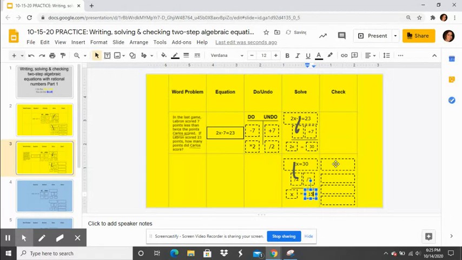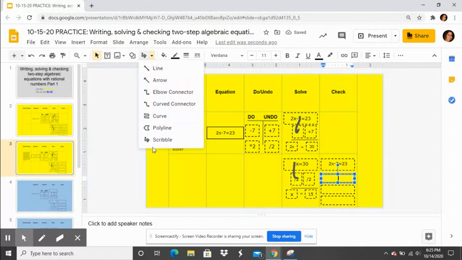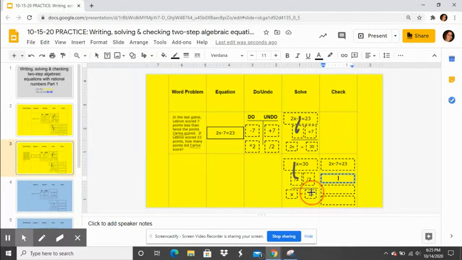All right, so now for my check. Copy the original problem, 2x minus 7 equals 23. Remember, just like before, I'm going to take the value I got for the x and substitute it in for the x.